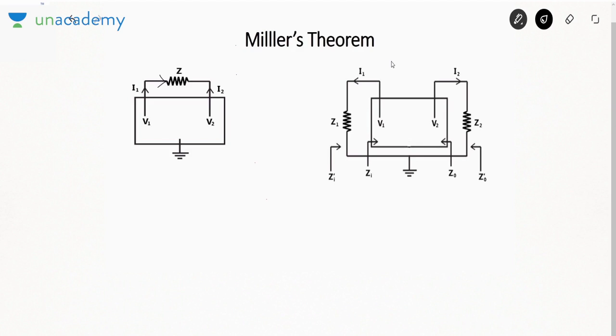So if I say that this current is I, so how will you find I?